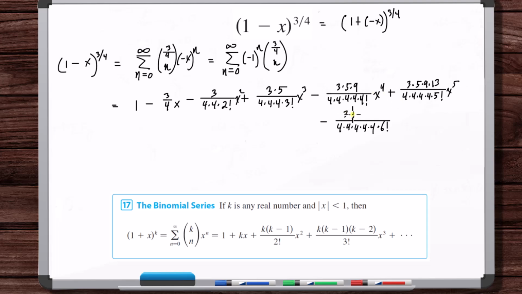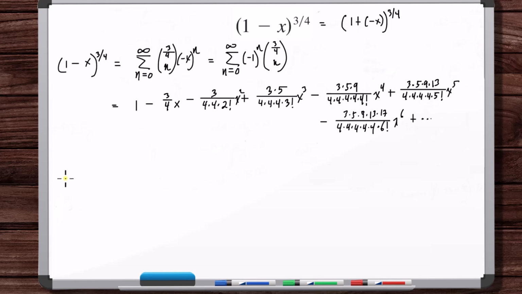So 3 times 5 times 9 times 13 times 17. Okay, so let's do this. Okay, so 1 minus 3/4 x minus 4 times 4 is 16. 16 times 2 is 32. 3 divided by 32, x squared.